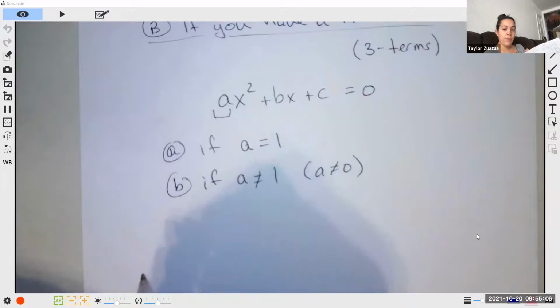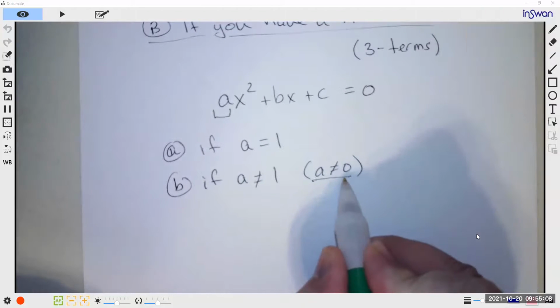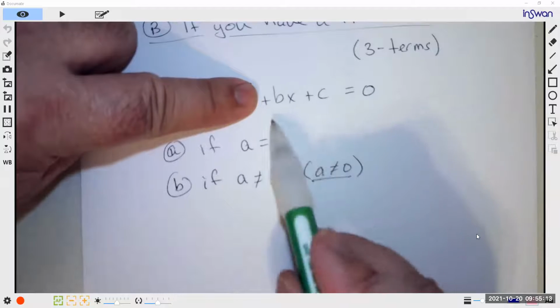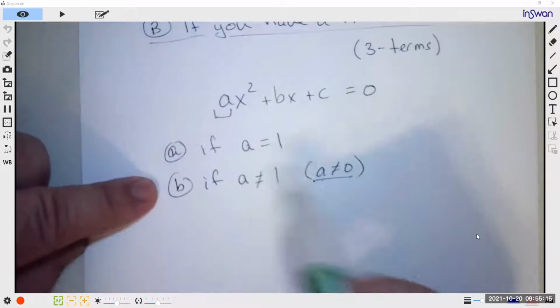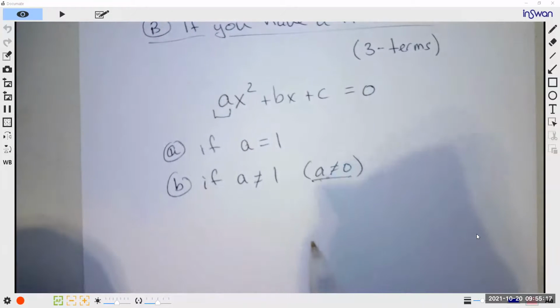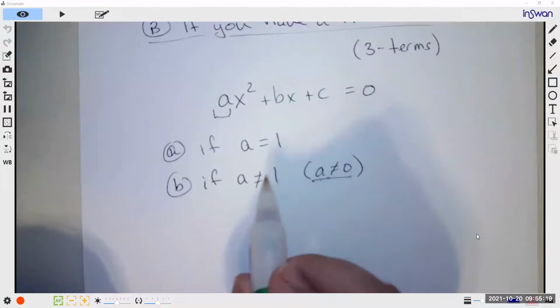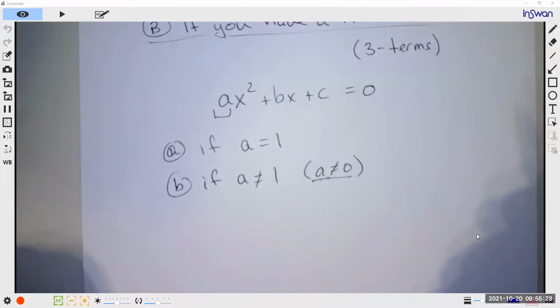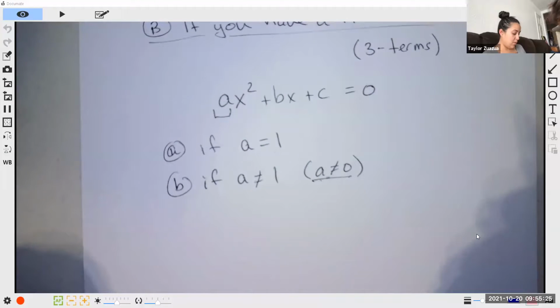That term's gone, and it's down to linear. So a cannot be 0, and either a is 1 or a is a number.